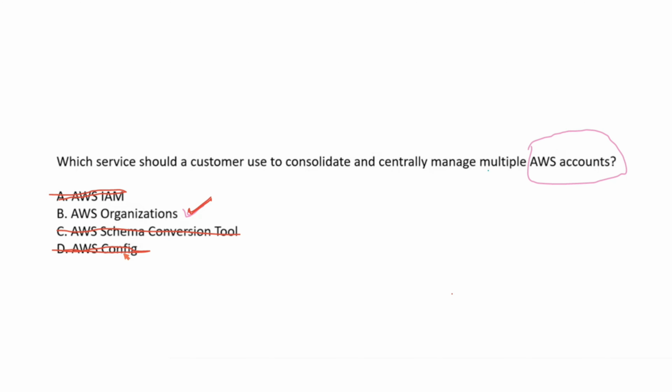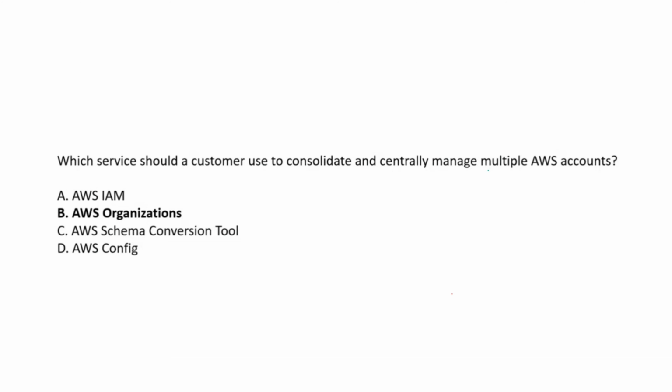So guys, always remember, when you're getting NoSQL databases, then DynamoDB is the answer, and if you are getting AWS accounts, then Organizations is the answer. If you are getting some warehouse or migration of data, then for archival storage you have Glacier, and for data warehouse you have Redshift, and if you want to migrate data from one premises to another, then Snowball.